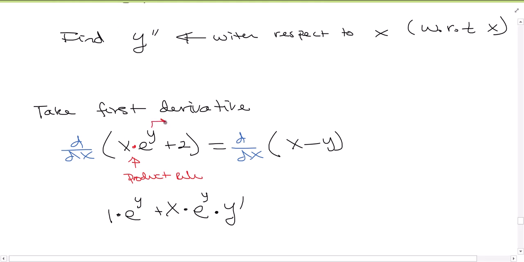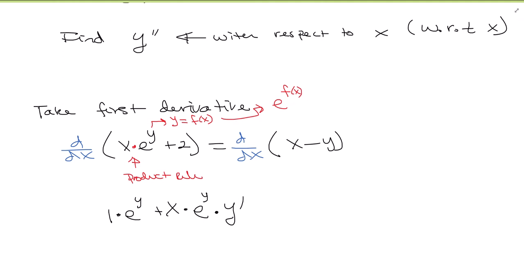I hope I'm not sounding like a broken record, but think of y as y equals f of x. Y is implicitly a function of x, so it's like you have e^f(x) there. So if you had e^f(x), how would you take the derivative of that? That's what we're doing. That's why there is a chain rule here.